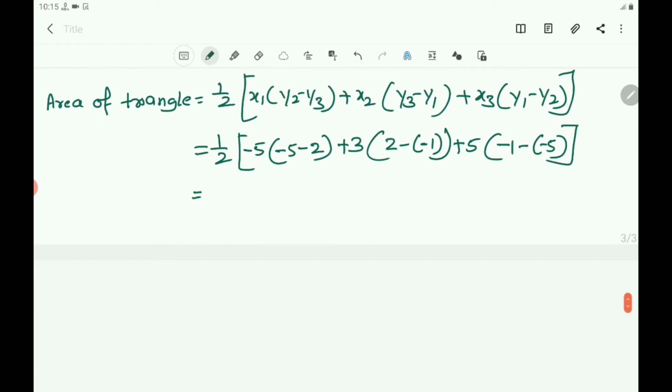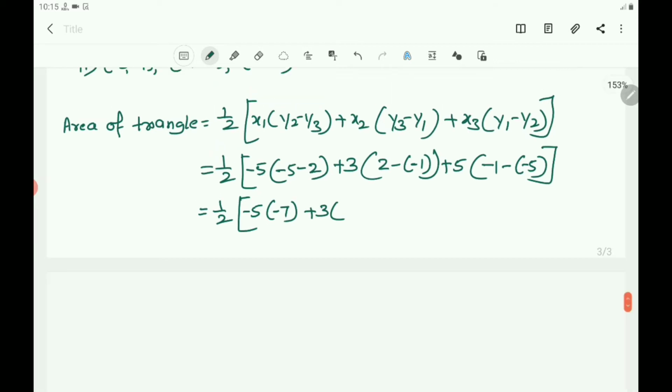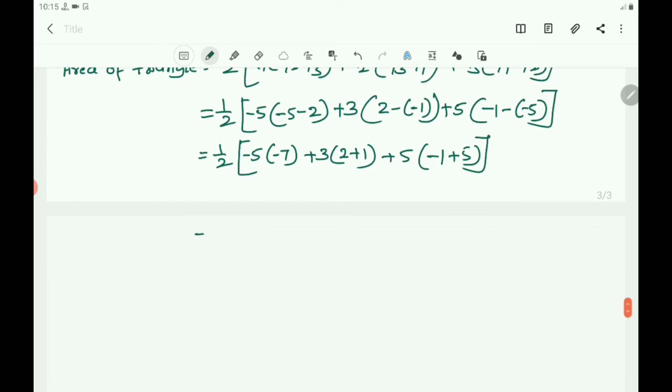Then half into, right, -5 into -7 plus 3 into 2 minus of -1 is 2 plus 1, you write 2 plus 1 plus 5 into, this is -1, minus of -5 is +5. Equals half into -5 into -7 is 35 plus 3 3s are 9 plus 5 into 5 minus 1 is 4.